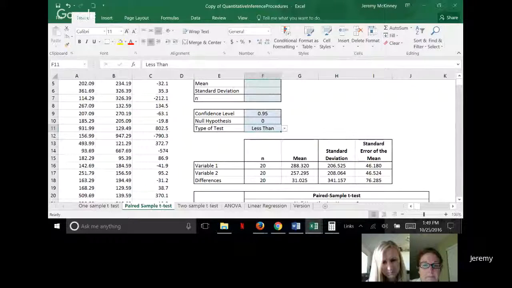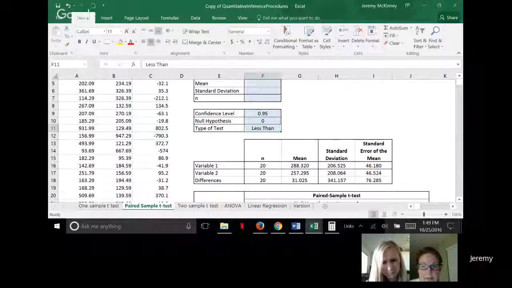So with that, we have insufficient evidence that the mean of the differences is greater than 0. That's because regardless of what we did, we still failed to reject it, right? Right. So I think it should be the second one.